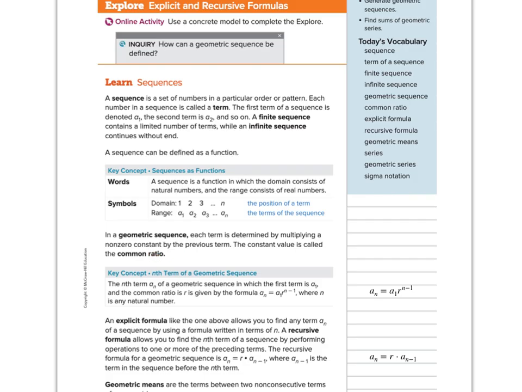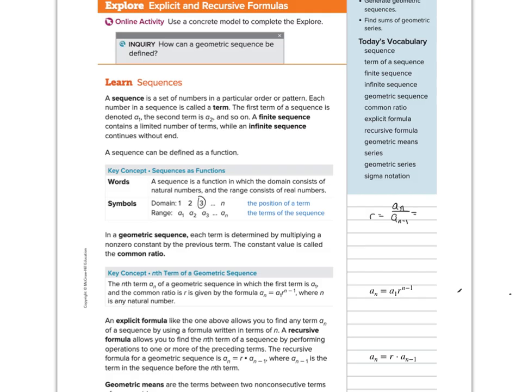I have it on the next page, but as I'm trying to figure out the ratio, let's just take whatever number we have. I say my ratio is equal to a_n divided by a_(n-1), with n being that subscript number, so we're just going to divide it by the previous number. If I use this example, this is a_1, this is a_2, and whichever number I pick, I'm going to divide by the previous one.